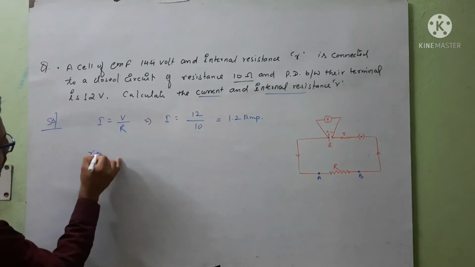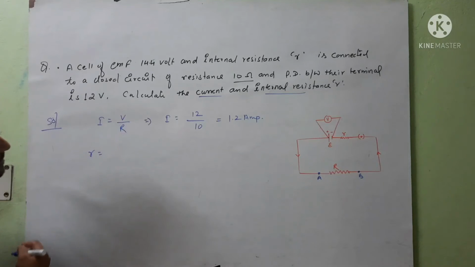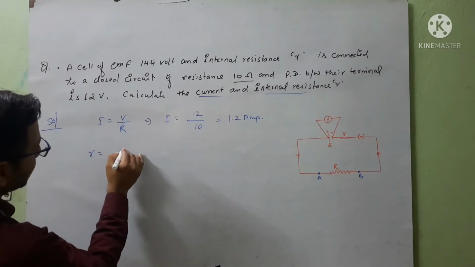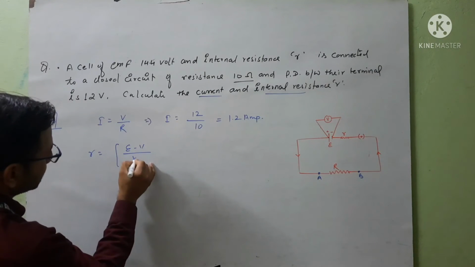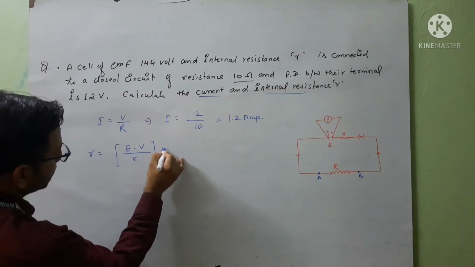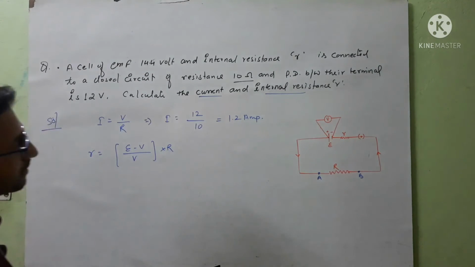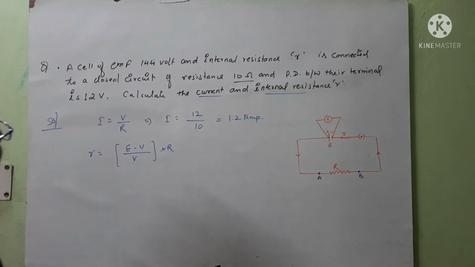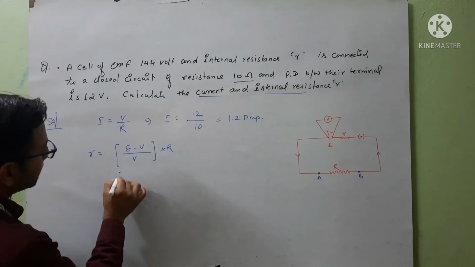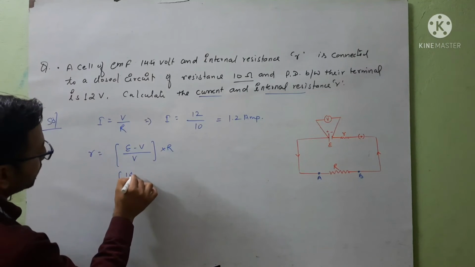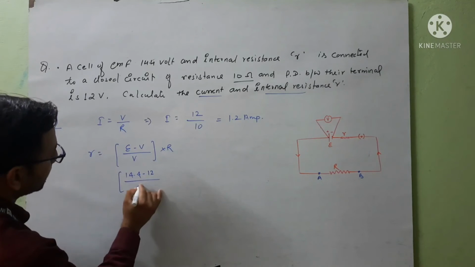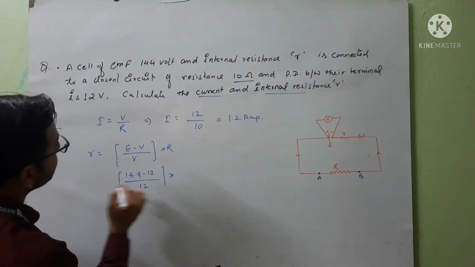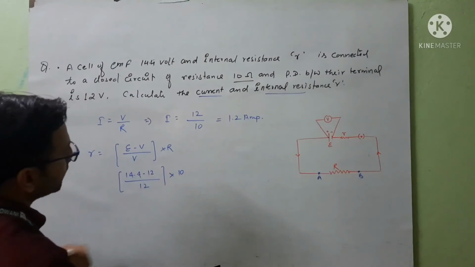After this we want to find the value of internal resistance r, and you know the formula for internal resistance very well: r = (E minus V) upon V into R. We will see the value which we have here. E is 14.4 minus V 12, upon 12, into the resistance given as 10 ohm.